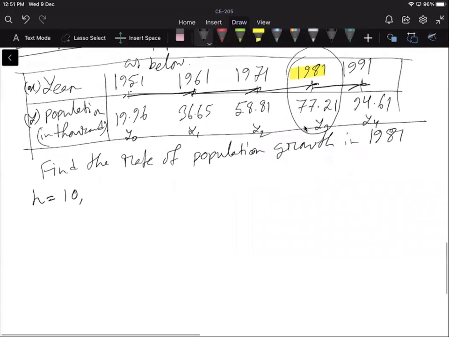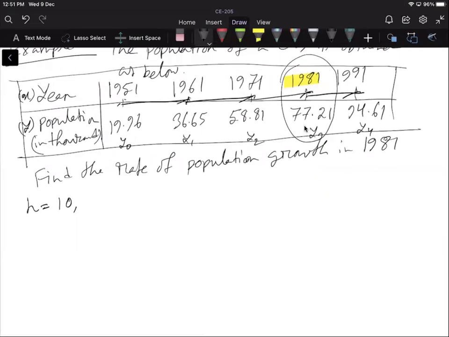So you will use Newton's backward difference formula, and you will take the first derivative of the backward difference formula, because you are asked to find the rate of population growth. That means the rate of population growth is nothing but dy by dx, and you need to find the value of dy by dx at x equal to 1981.